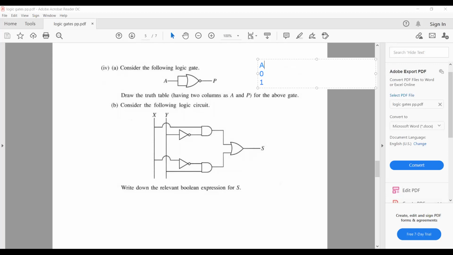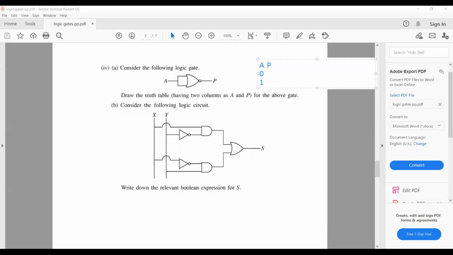That's why I wrote A dot A. It becomes A dot A. Because two inputs are there, because a NOR gate has at least two inputs, but here A can have either 0 or 1, and it's working like a NOT gate.